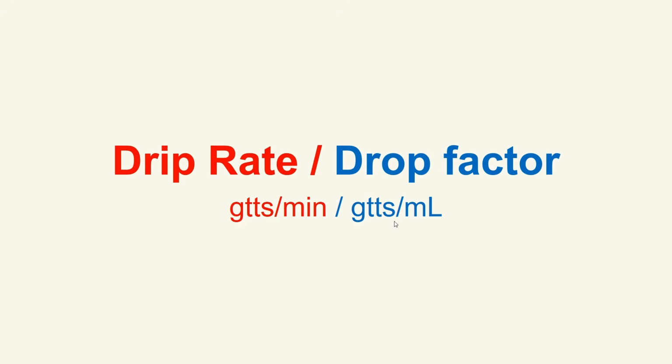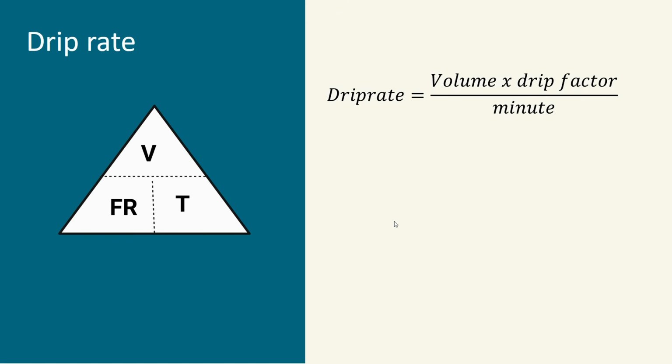Before we look at a sample calculation, let's first look at the formula for the drip rate. The drip rate formula is volume times drip factor, per minute, depending on the question. So the unit here is drops per minute. Most commonly, the unit for drip rate is drops per minute.